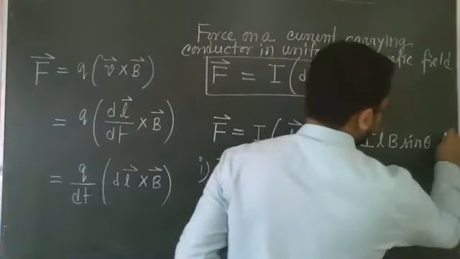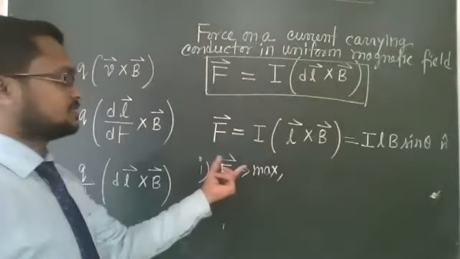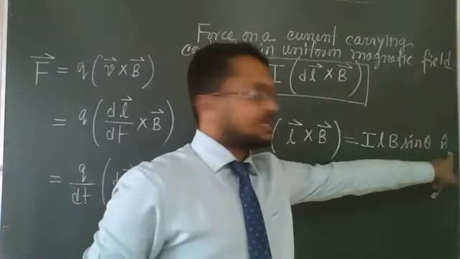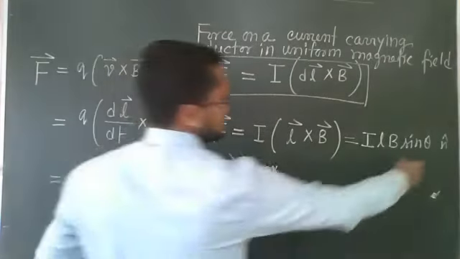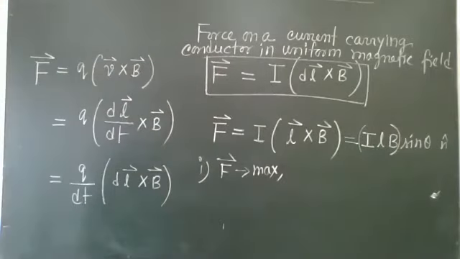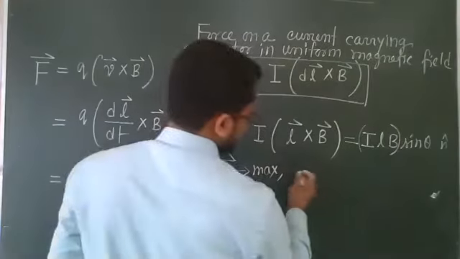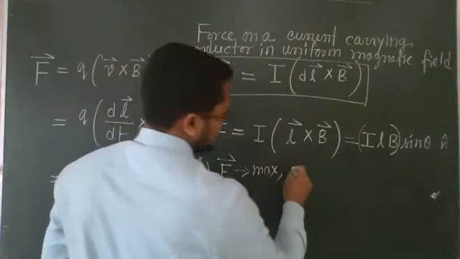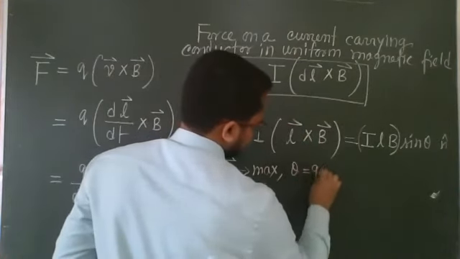If you take the modulus, the unit vector will not be there, only the magnitude. So F will be maximum when sin theta is maximum, because the rest is constant for a particular case. So sin theta will be 1, theta will be 90 degrees.